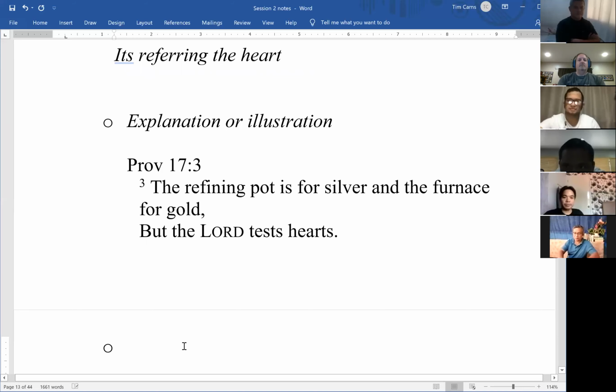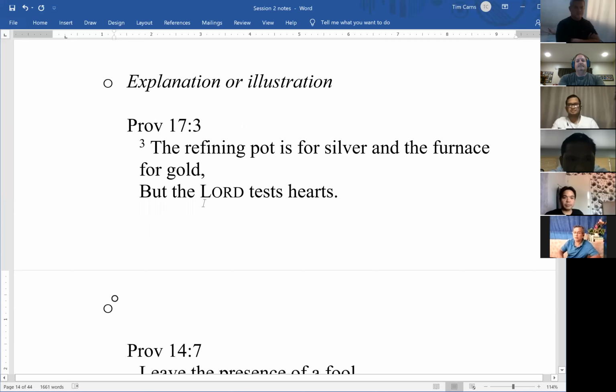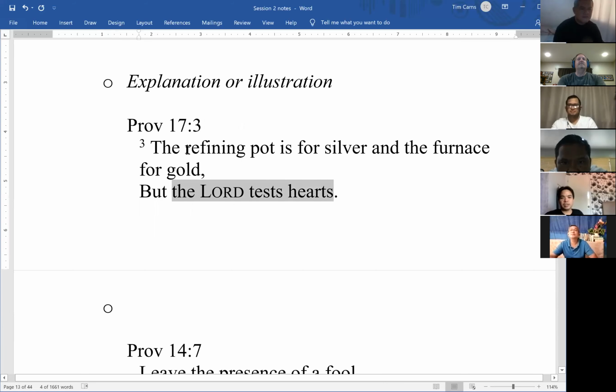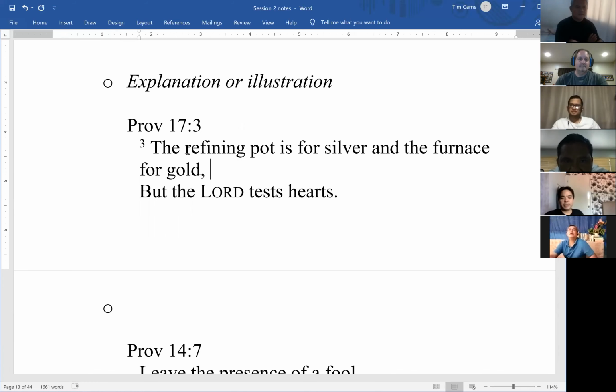What's the illustration here? The Lord tests hearts. But notice here he gives an illustration of that, right? What's the illustration? The refining pot.